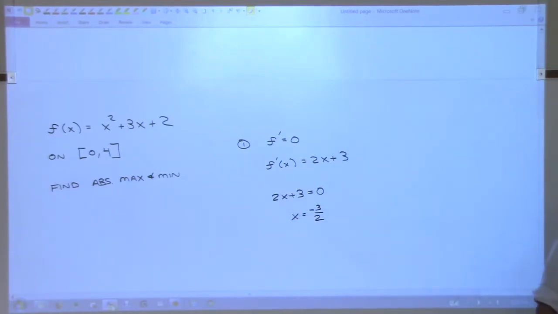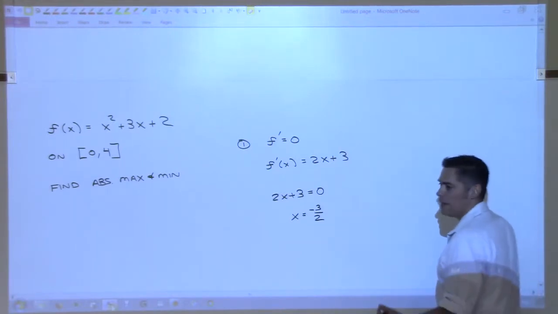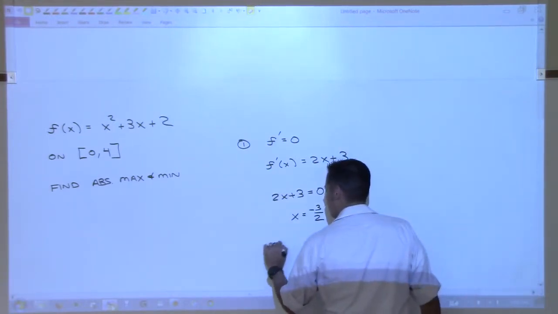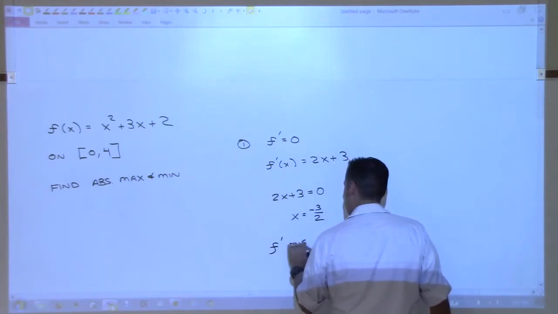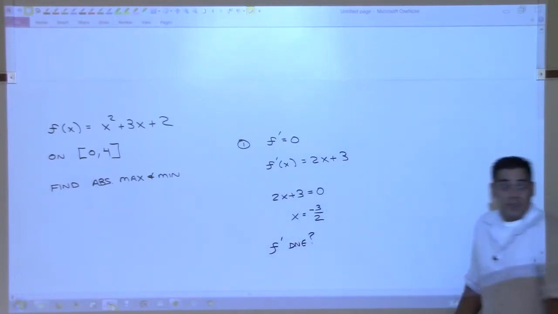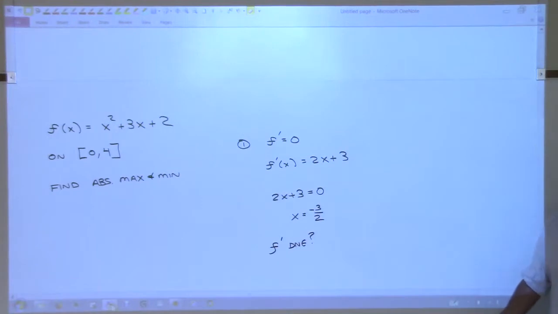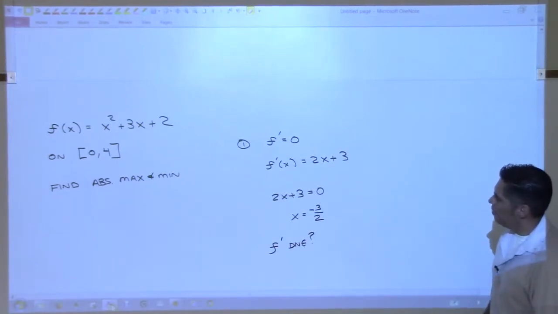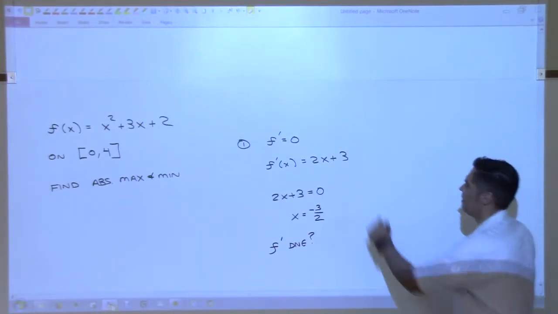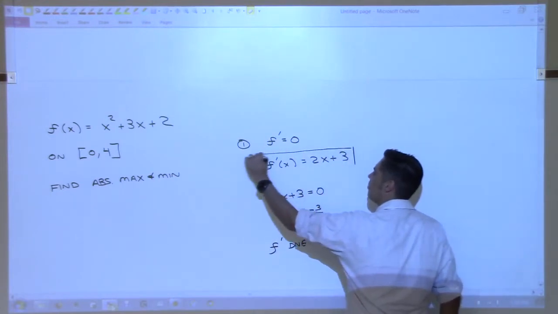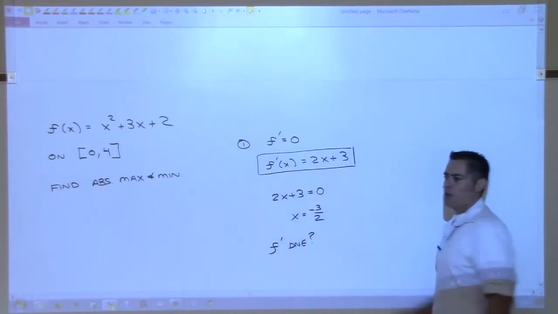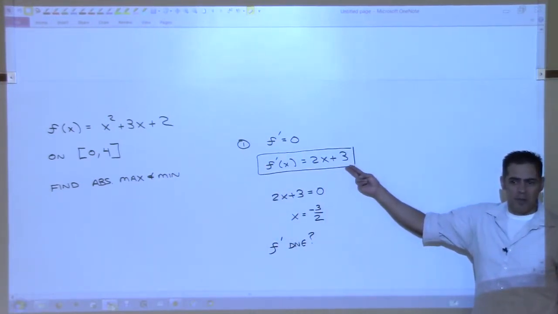Now, the next thing I need to do is figure out where the derivative does not exist. And this is more of a question. Does the derivative not exist? Well, does it? What is the derivative again? This right here. But that's a polynomial, isn't it? 2x plus 3 is a polynomial.